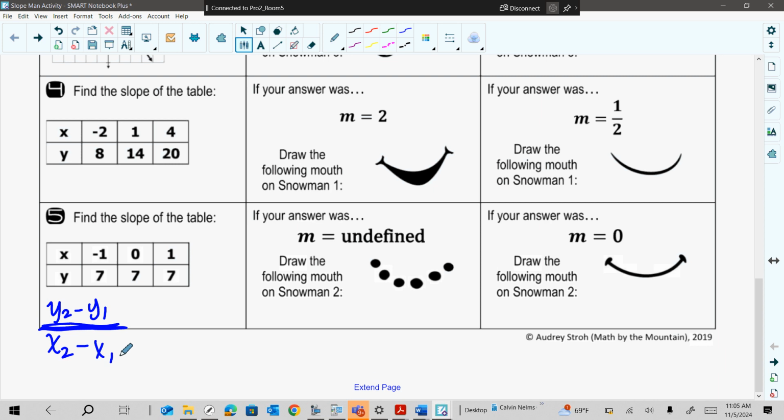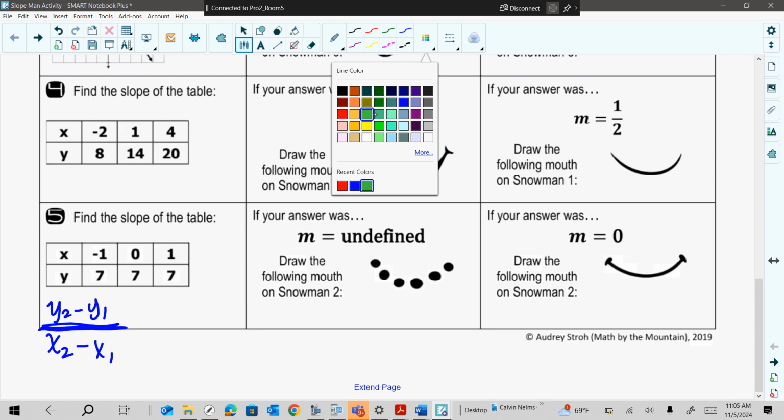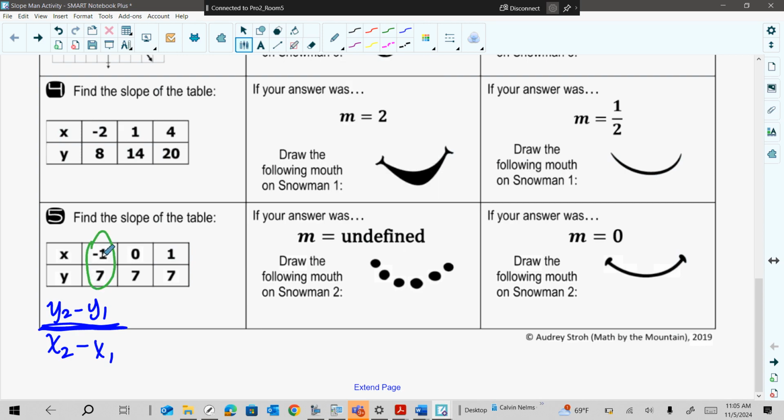When you're using your table, you have to circle 2 points that you're going to plug in. It doesn't matter which 2, just pick 2. So look at number 5. Which 2 points would you like to use?